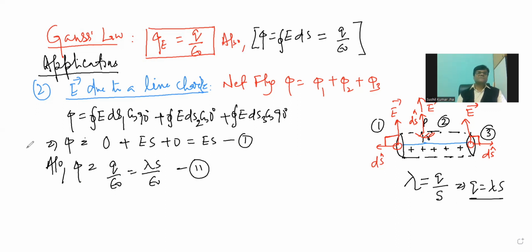So from equation 1 and 2, what do we get? It will be ES is equal to lambda S upon epsilon naught.